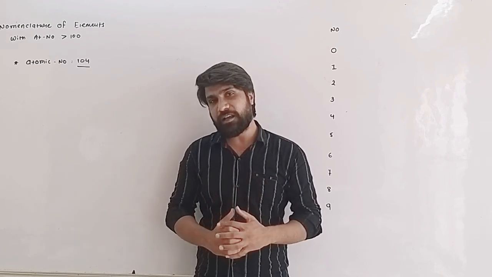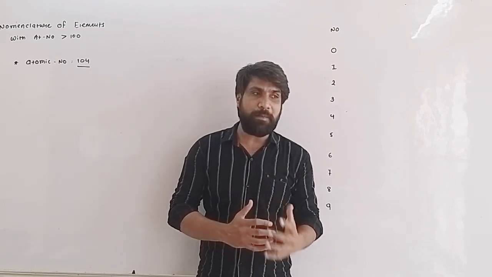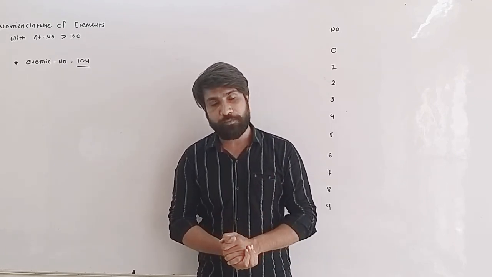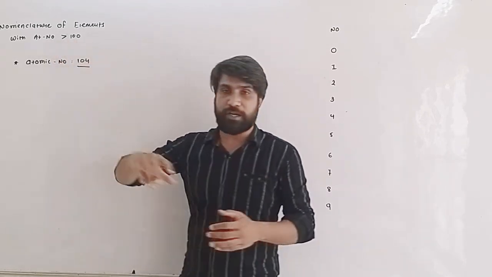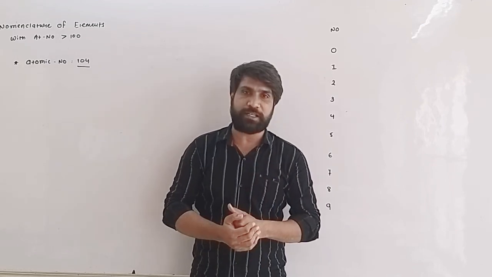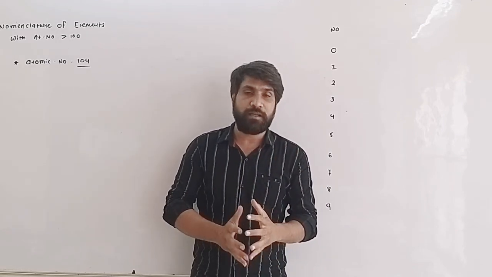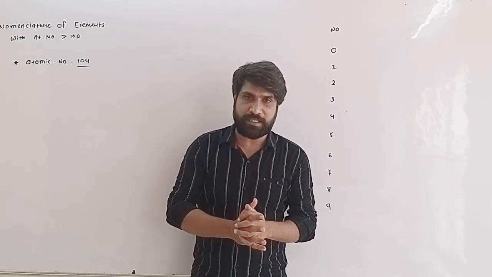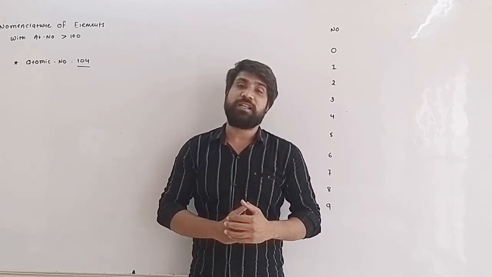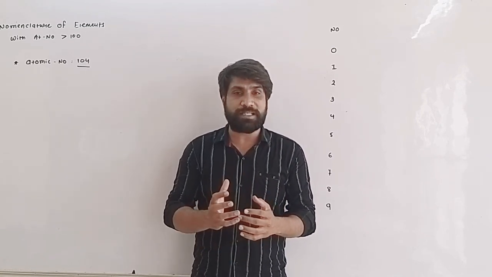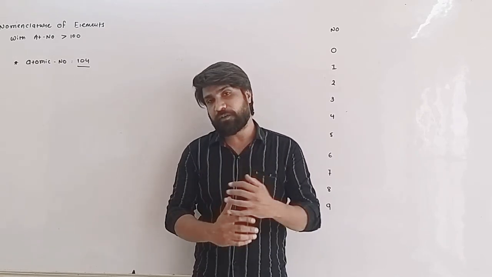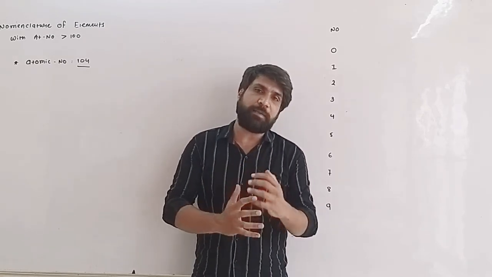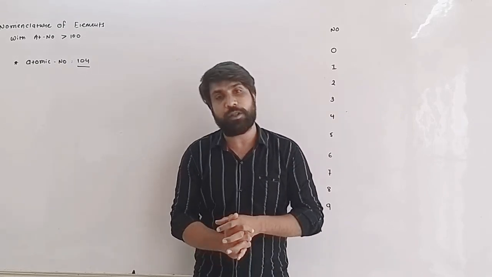Before that, you can give a temporary name. They decided that for all elements discovered after atomic number 100, we will give a temporary name, and after the proof is established, we will give a permanent name to that element.